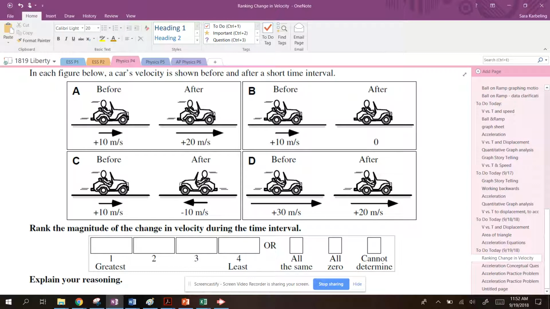Okay, so your eyes are up here. You're working on this. Rank the magnitude of the change in velocity during the time interval. I'll give you a minute to think by yourself, and then I'll let you talk to each other as well, of course.